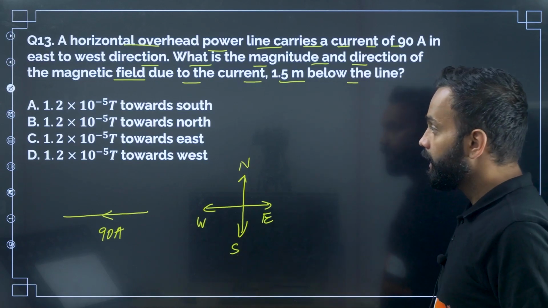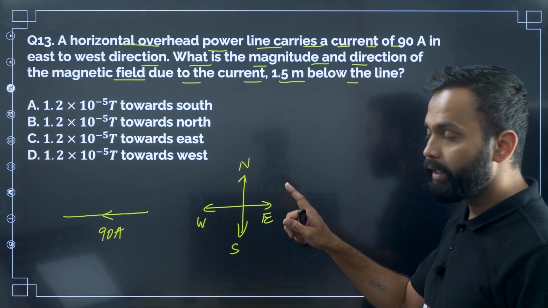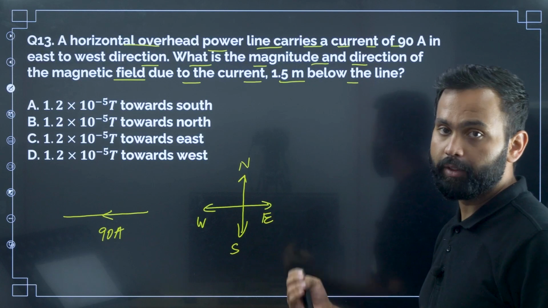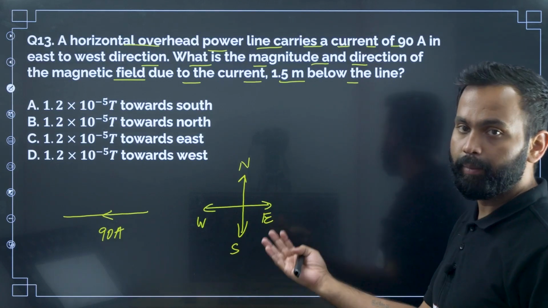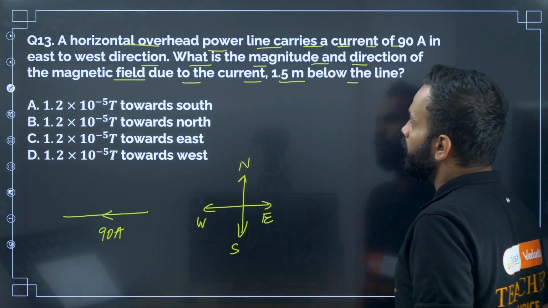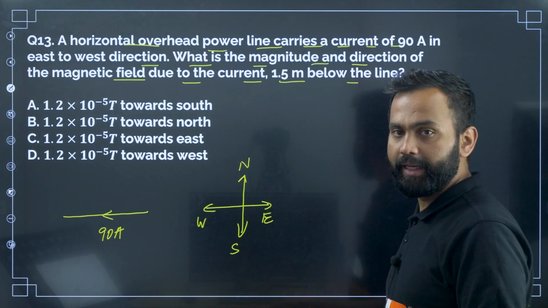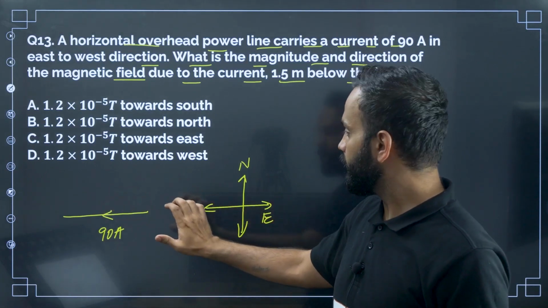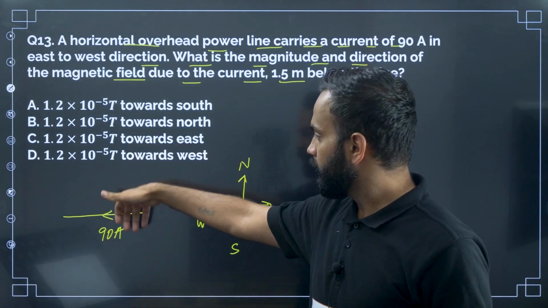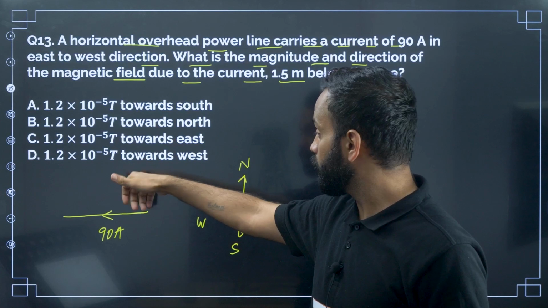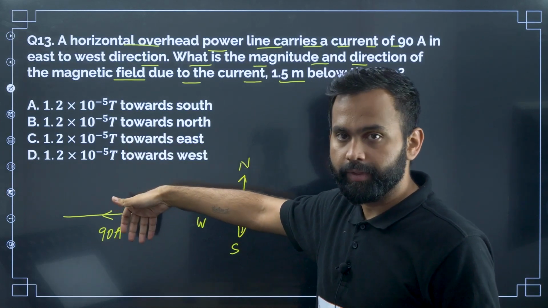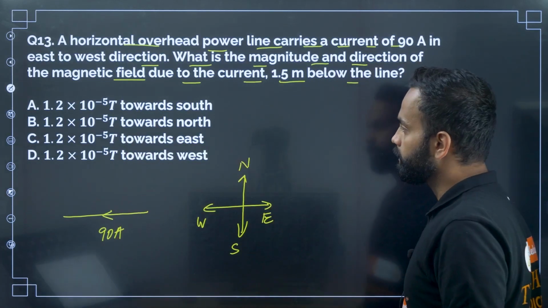So we need to find the magnetic field due to the wire below the wire, in which direction the magnetic field is acting. Okay, so apply right hand thumb rule. The magnetic field below the wire is towards south, isn't it? So it is towards south.